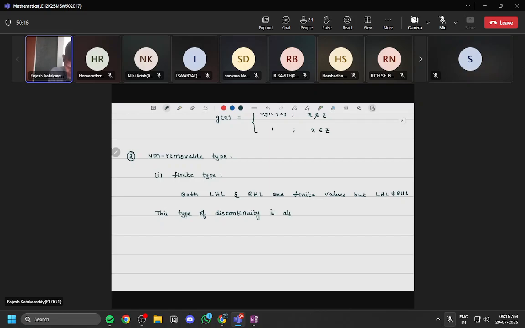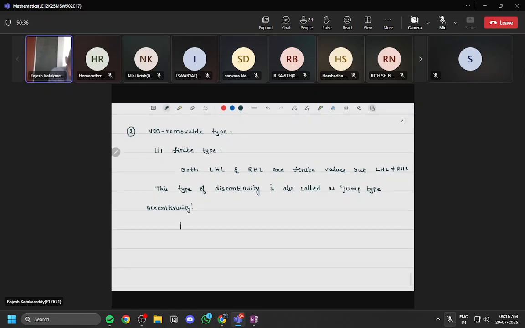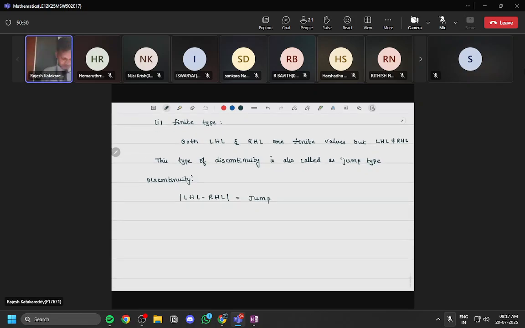This type of discontinuity is also called jump type discontinuity. Here the absolute difference between the left hand limit and the right hand limit is called the jump. How much is it jumping? The absolute difference between the left hand limit and the right hand limit is called the jump.